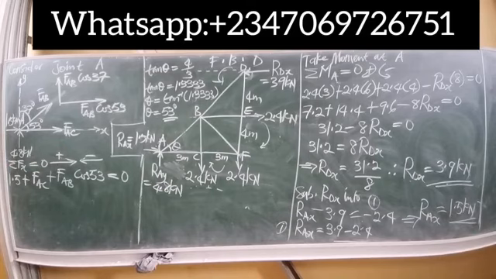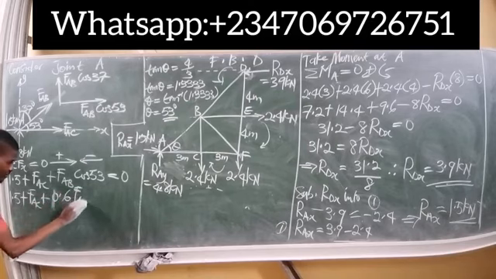So we can find the value of cos 53. We have here 1.5 plus FAC plus FAB cos 53. Now cos 53 is approximately 0.6. So simply 0.6 FAB equals 0.